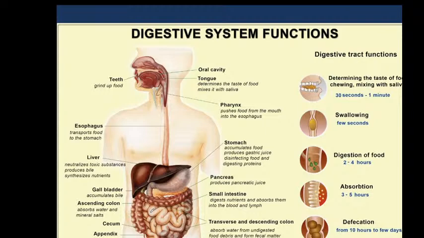And this picture is a picture made by me personally. That is my product, of course, all rights reserved. This is the digestive system function, and the parts of the digestive tract are visible.